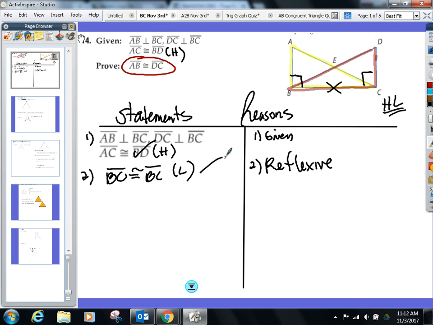I already wrote it down. I already have the hypotenuse and leg. So now I'm asking what else needs to go in my proof before I say the triangles are congruent. Another leg. What's HL stand for? Hypotenuse leg. Hypotenuse is already given. Leg I already wrote down. I do not need anything else.